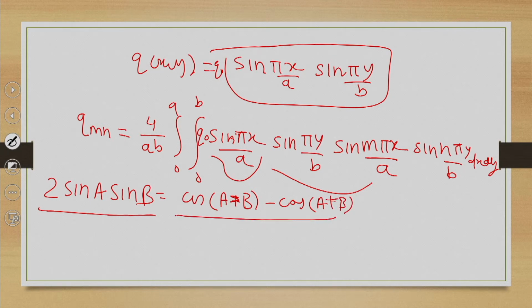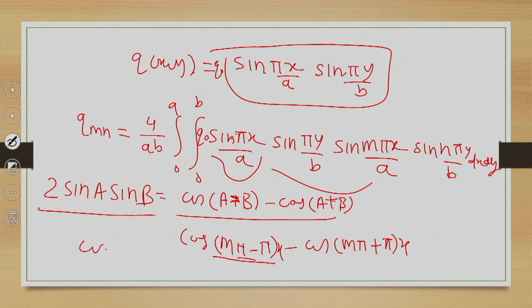So, if you put it there, let us say m pi is greater, so you get this into x and so on. So, you can say that cos of (m minus 1) pi x.